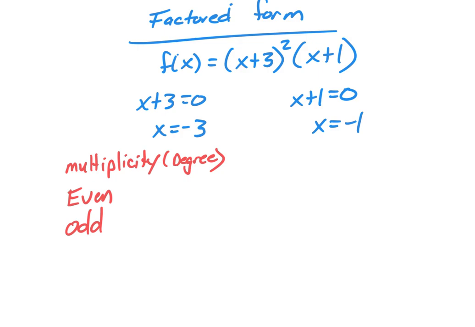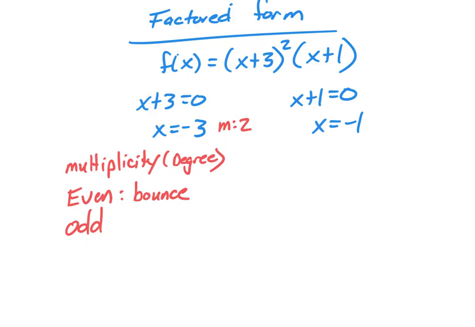But we're going to look at the degree of each one individually. So in this case here, x plus 3 happens 2 times, okay? And so if it is even, then this is not really a mathematical word, but I'm going to use the word bounce, okay? So here I'm going to say that this one has a multiplicity of 2. And I'm going to show you what the graph looks like here in just a second, so you can understand what I mean by bounce.